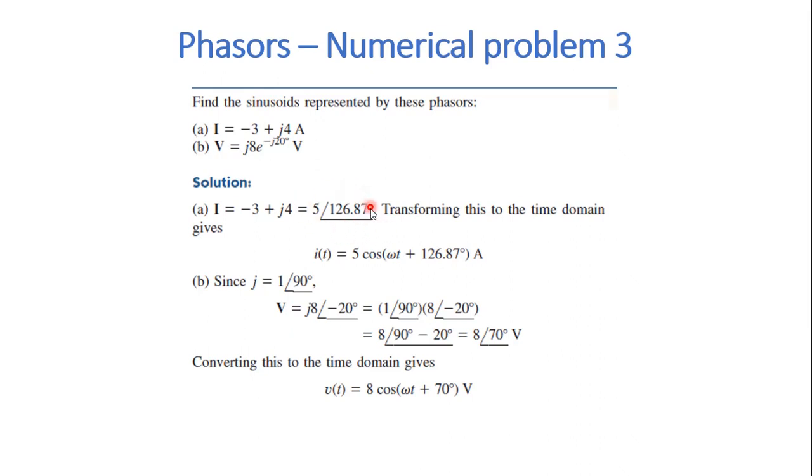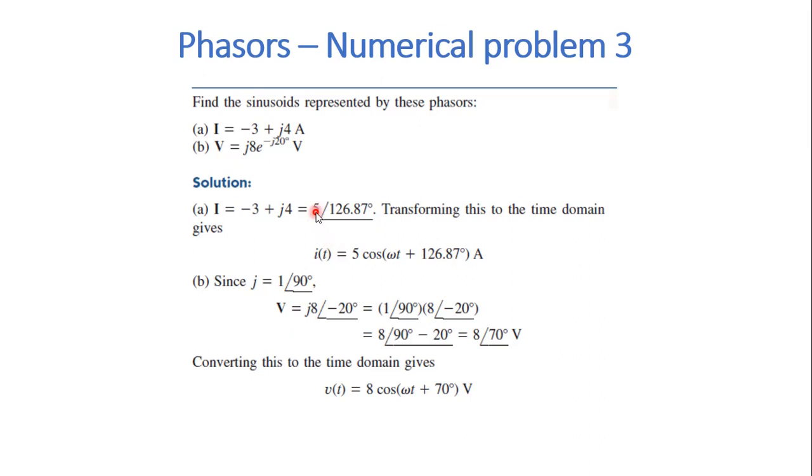After converting, we know that this is the phasor representation of current. So this is Im angle phi. Im value is 5 and the phase angle phi value is 126.87 degrees. If we write this current in time domain, we will write it as i(t) = Im cos(omega t + phi).